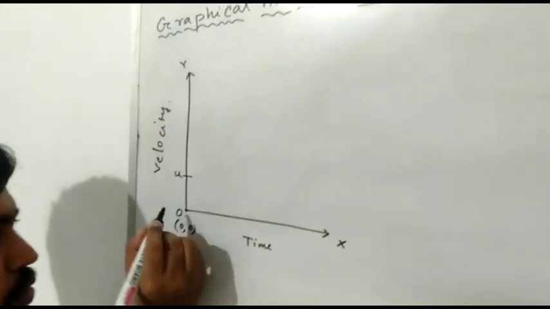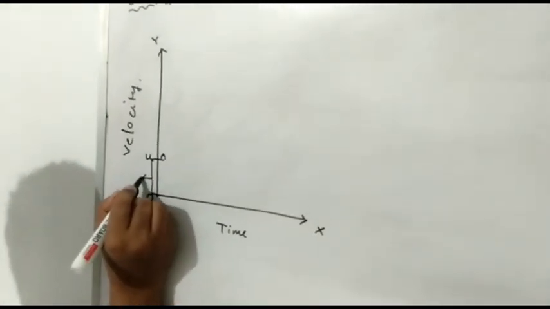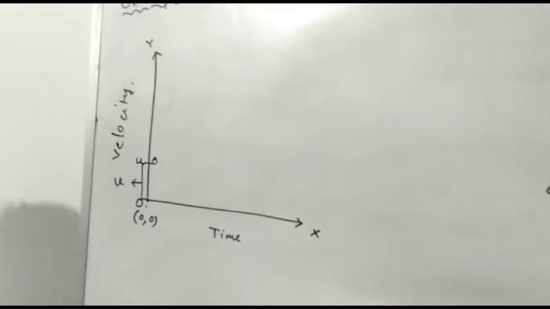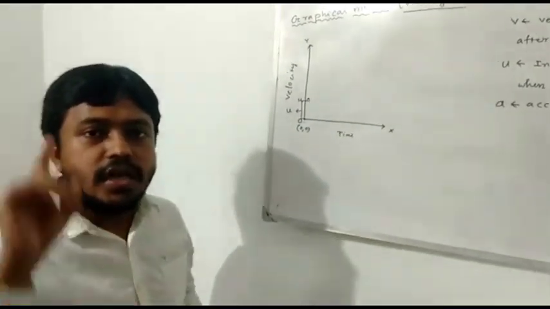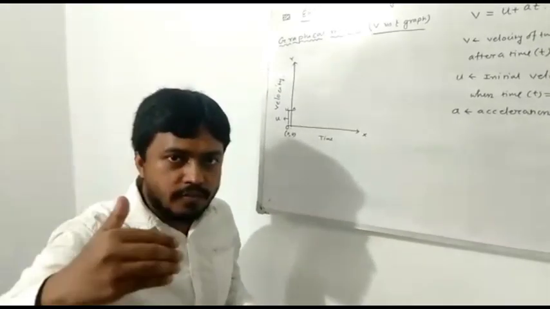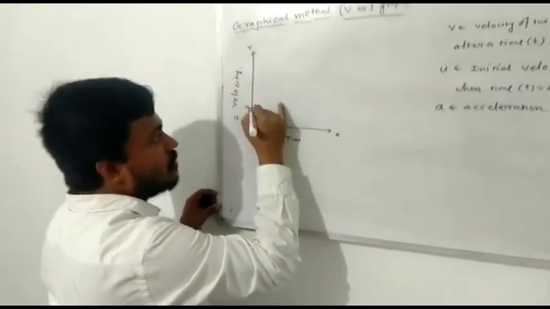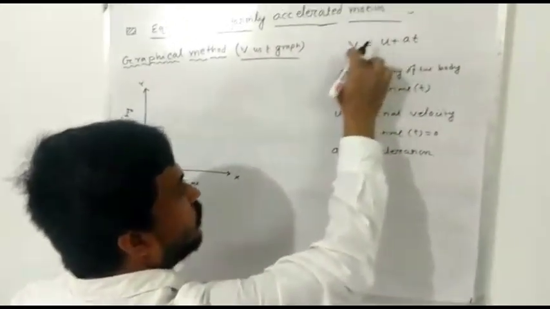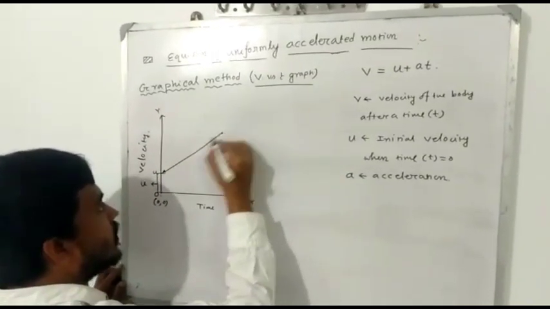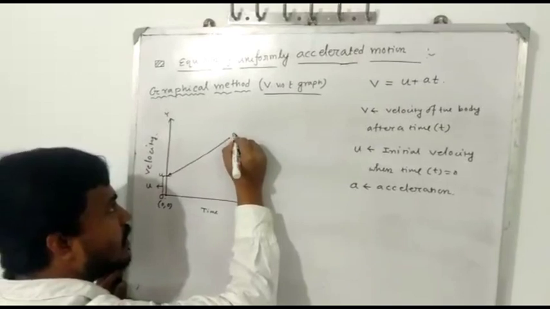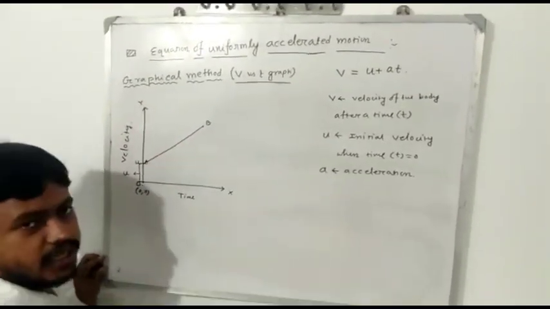So this is the point O and this is the point A, and OA indicates u, because when time equals 0 the body has not started from rest. Now the velocity of the body increases from u to v. After a certain time, the particle reaches the point B, and at this moment the velocity of the body is v.